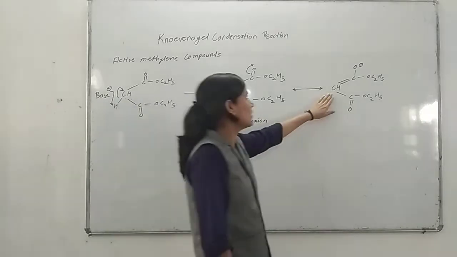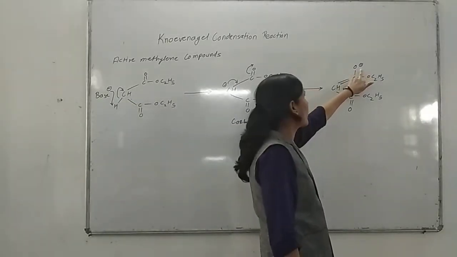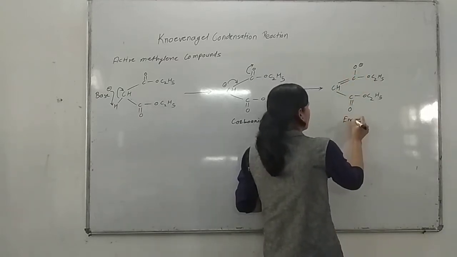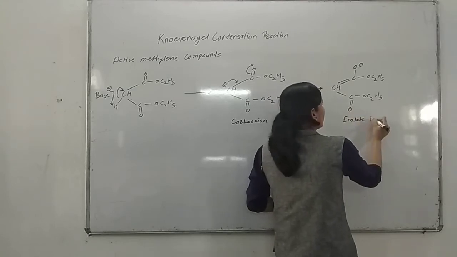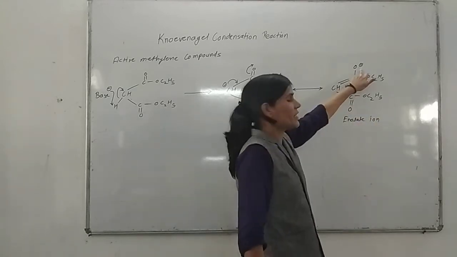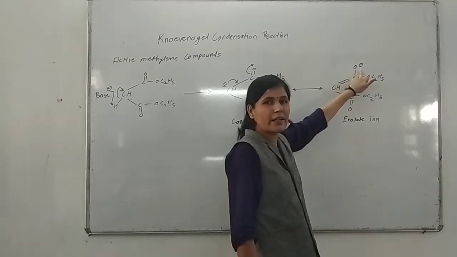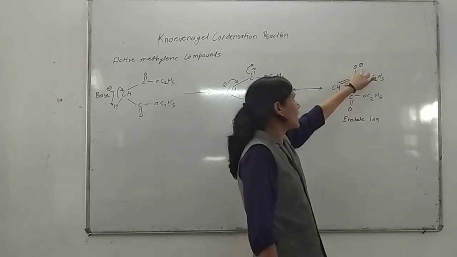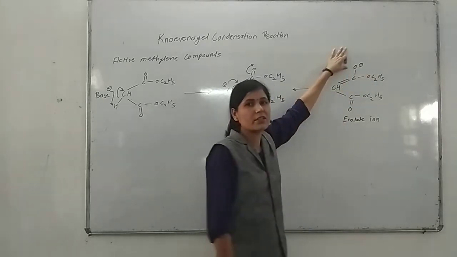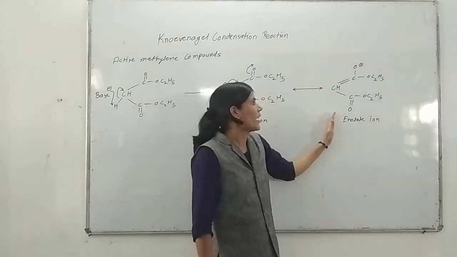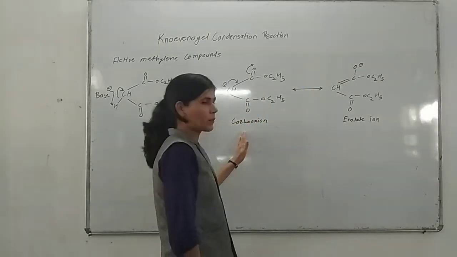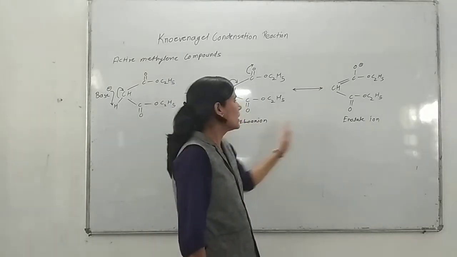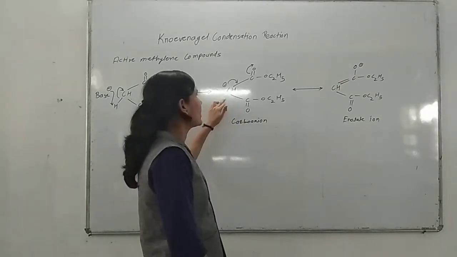In the second structure, the negative charge is present on the oxygen atom, and this structure is called the enolate ion. Because the negative charge is present on the electronegative oxygen atom, this enolate ion is more stable as compared to the carbanion. So these are the two resonance forms of the malonate ester ion.